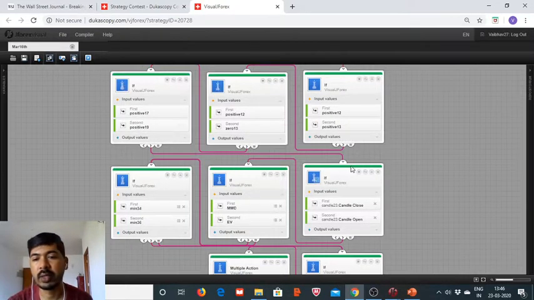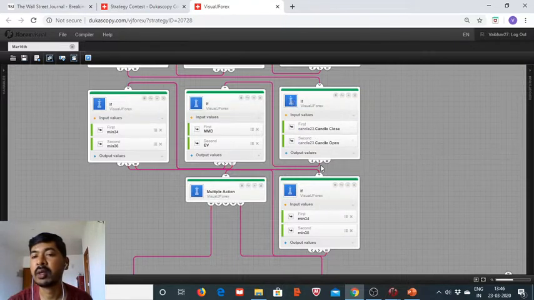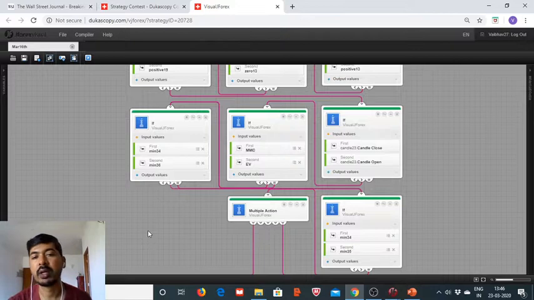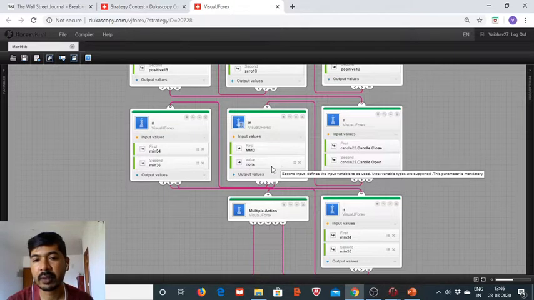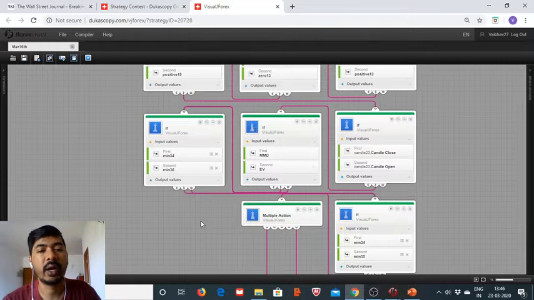Here also the same thing. Then we have defined that the last candle close should be more than the open, that means the hourly candle has closed in green, and here the same thing, the min max difference should be more than the 30% of the ATR.